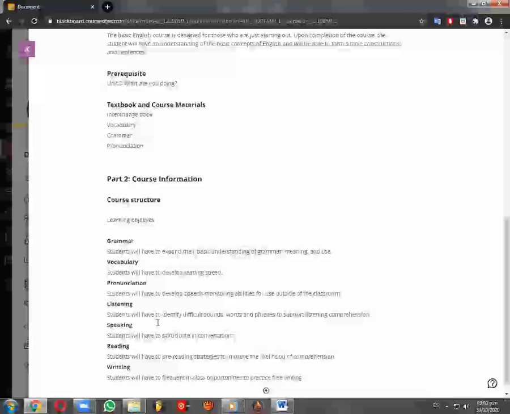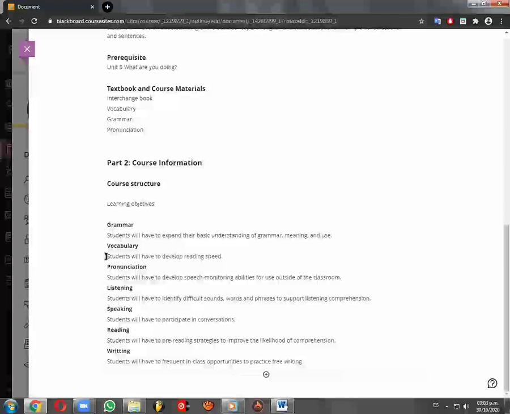So in this section, these are the learning objectives that you can see. The first one, the students will have to expand their basic understanding of grammar, meaning, and use.